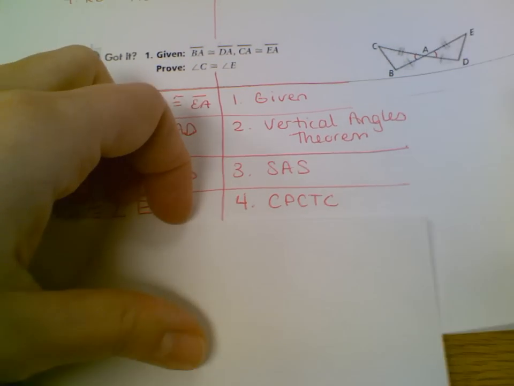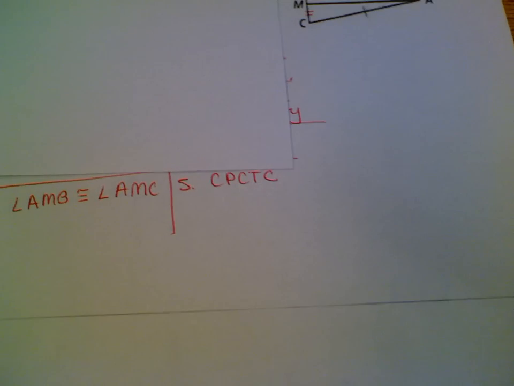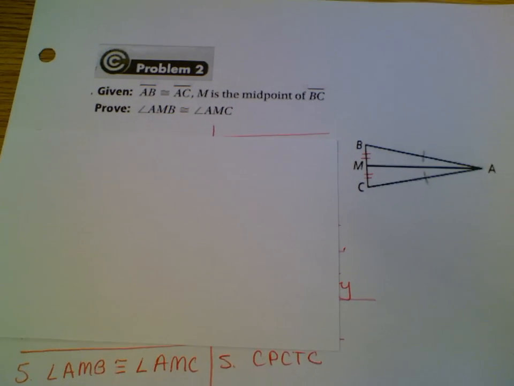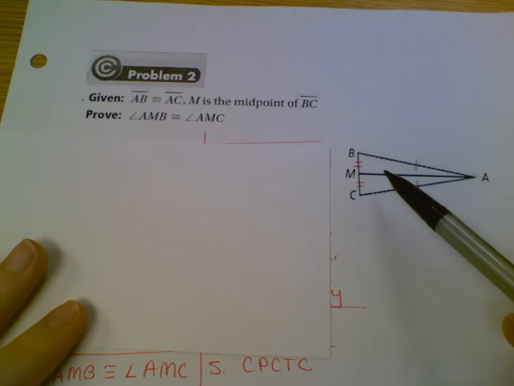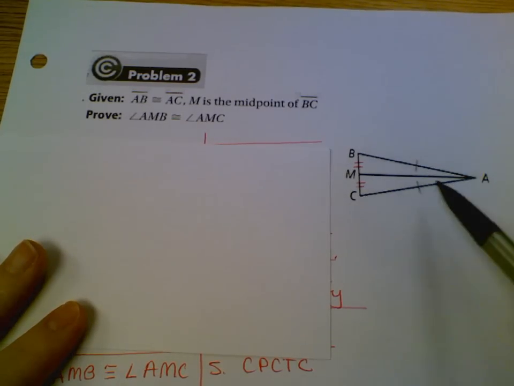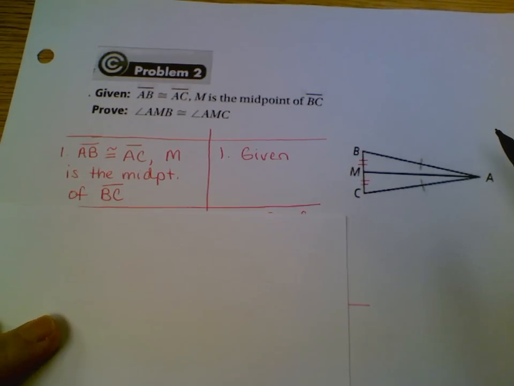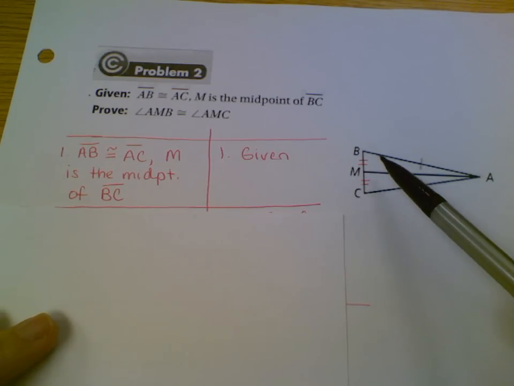Okay, I have one more proof that's on the back, and this one's pretty lengthy, but I just wanted to show it to you so that you can just see it and be aware of it. So I have given that AB is congruent to AC, and they already marked that, and then I also know that M is the midpoint of BC.